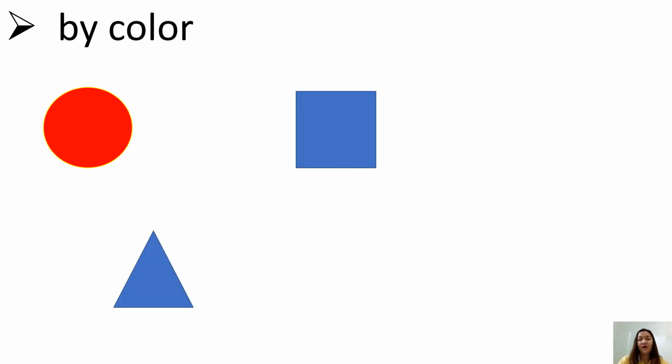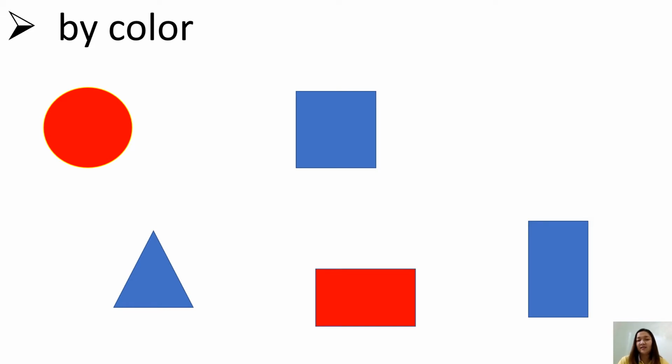So we have here a circle, a square, triangle, rectangle, rectangle, and a triangle. So how many colors do we have in here? We have two colors. And what are they?